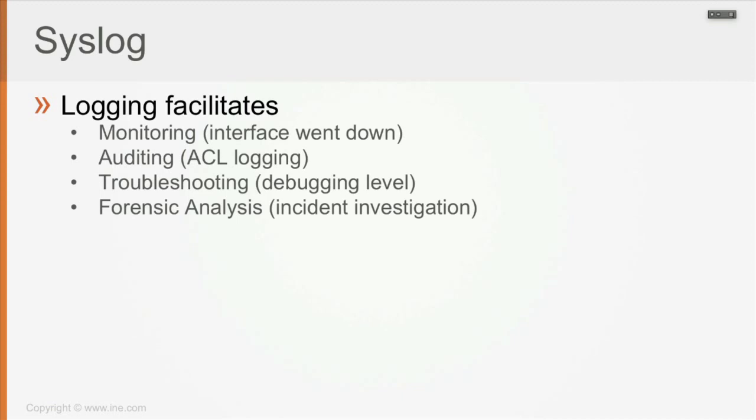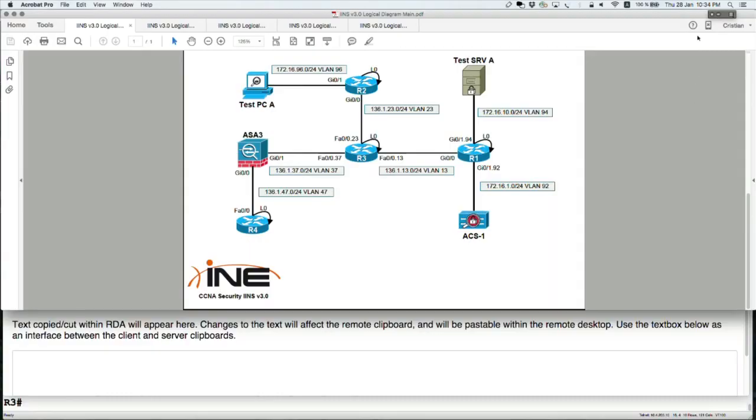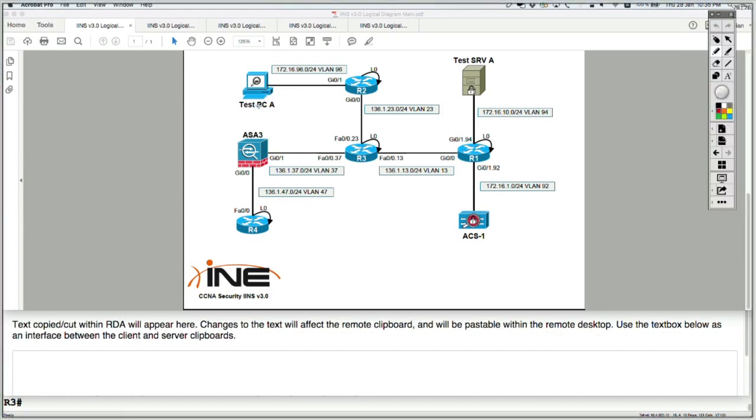So whenever, for example, ACL logging is useful. Let's say you assume that this PC A is infected. You believe that something happened and it is being infected with a specific virus or worm, and that this PC A is going to start sending packets destined to TCP port 445.